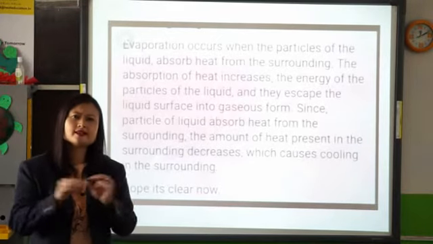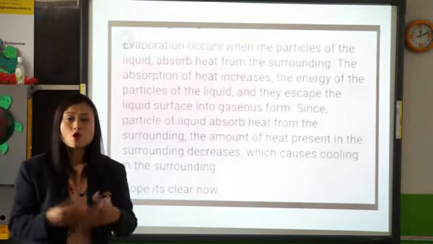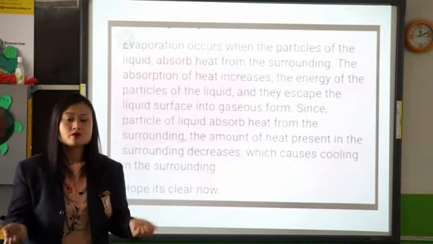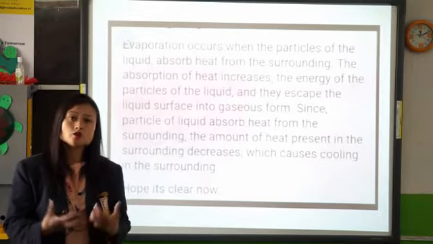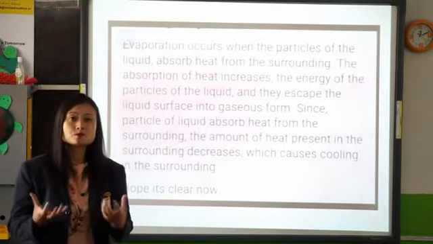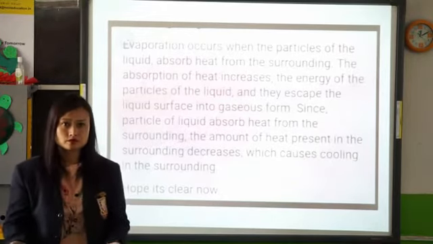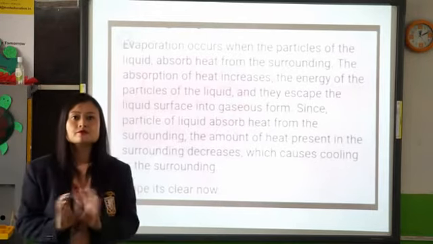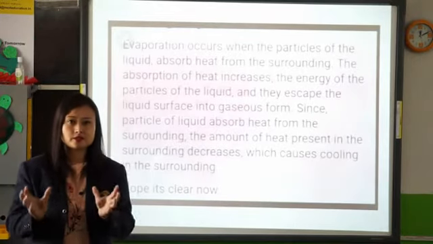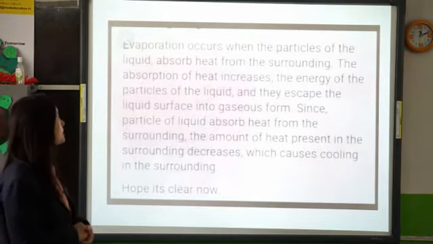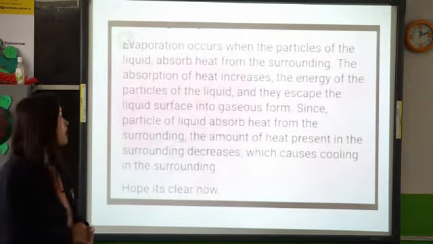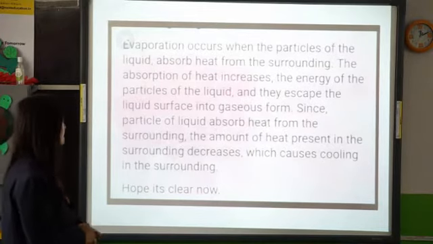Either you see very little water on the ground or no water at all, which means all the water has evaporated. And how did it evaporate? It absorbed the heat from the ground. So it absorbed the heat from the ground and then it evaporated. So that's why evaporation occurs when the particles of the liquid absorb heat from the surrounding.